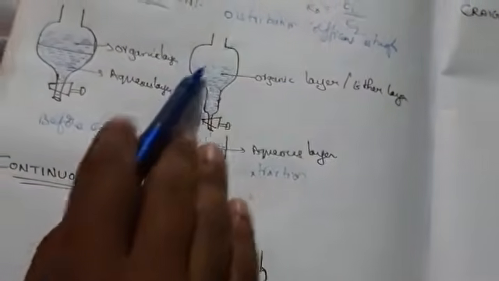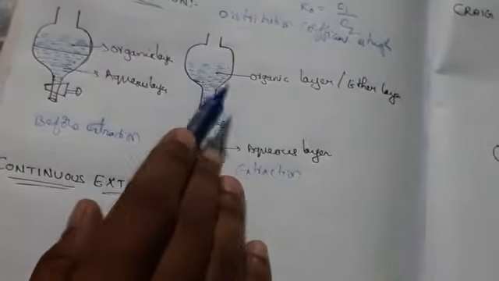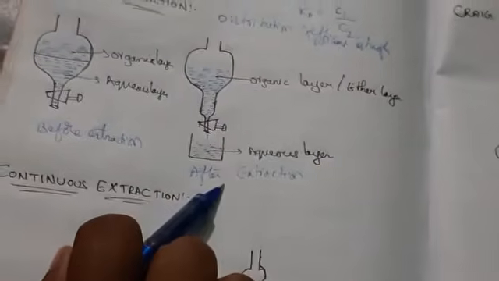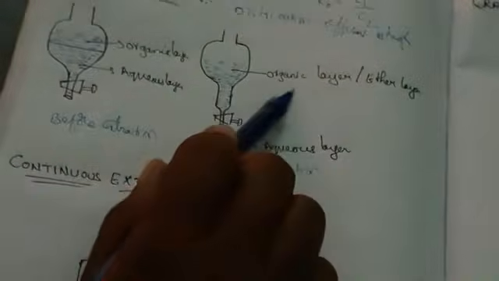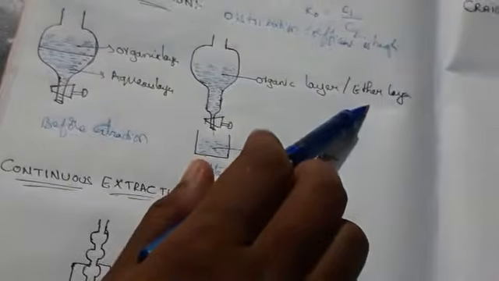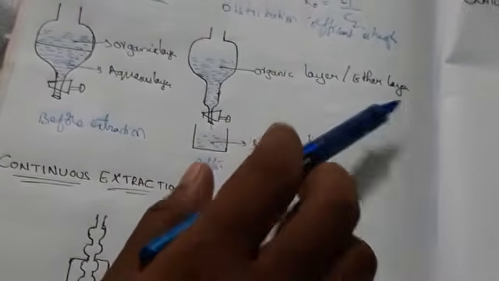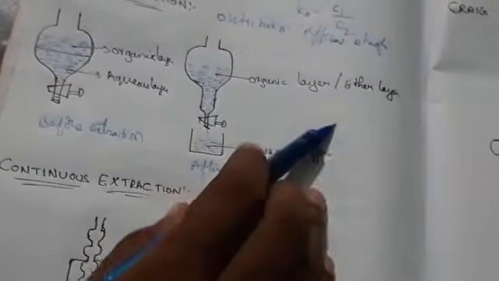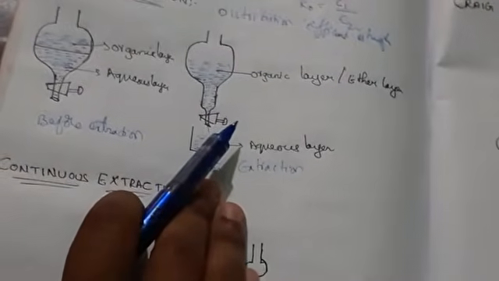This organic layer consists of ether. The aqueous layer also dissolves some ether, but not that much. The organic layer is mixed with a larger quantity of ether, which is why it is also known as the ether layer. So you have to remove this ether from the organic layer.